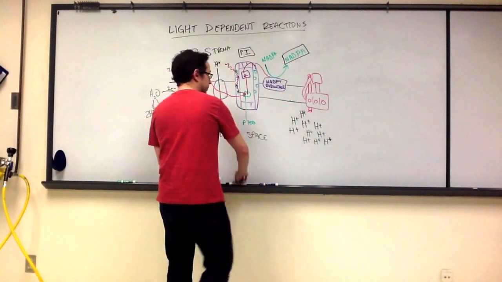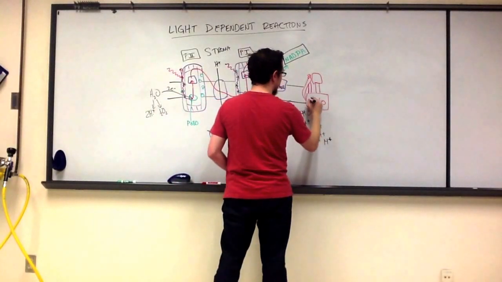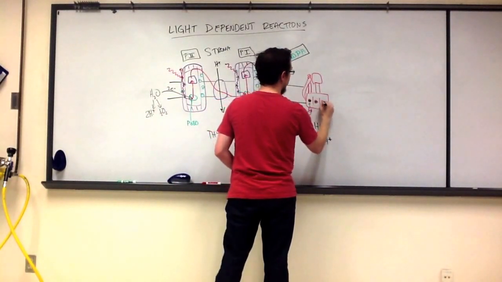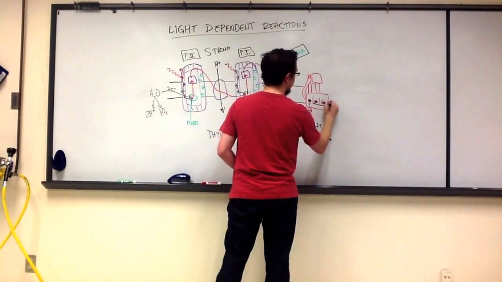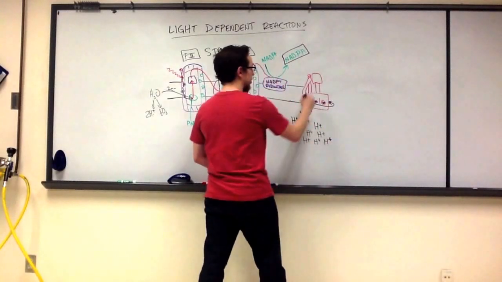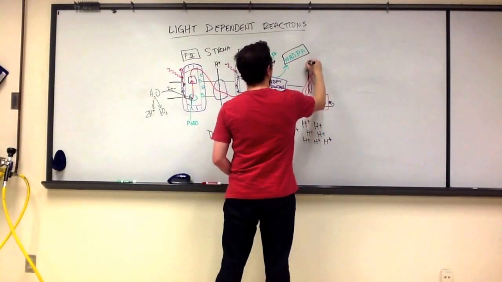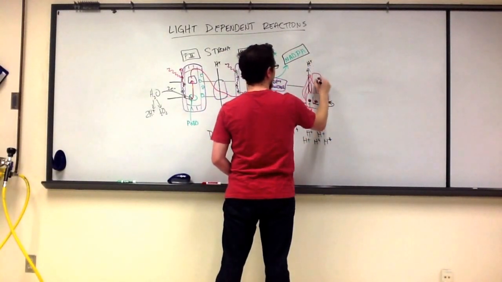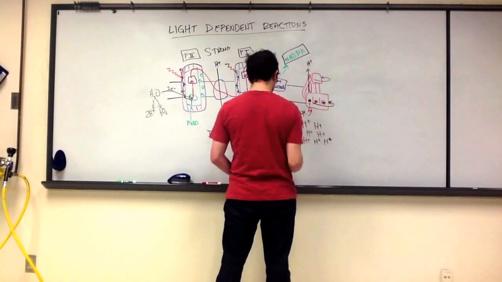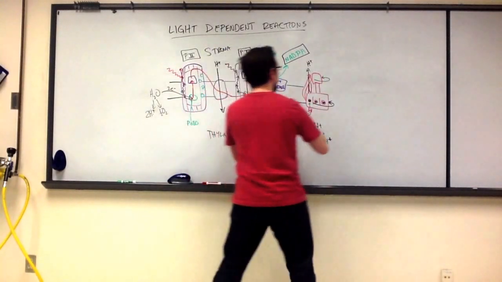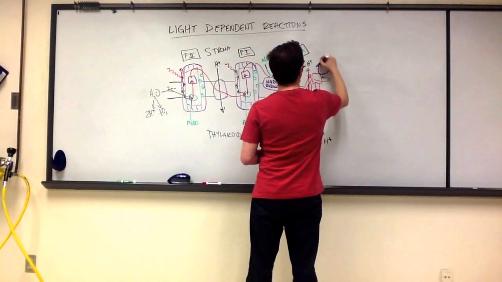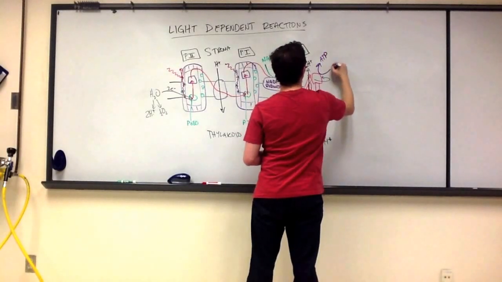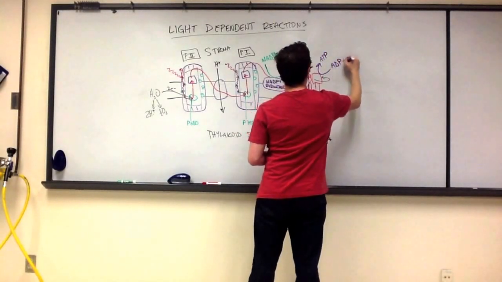These protons move in, occupy space, causing the molecule to spin. Eventually, protons are released from it as well. And down here, that causes the molecule again to spin. And as it does, it generates molecules of ATP from ADP and an inorganic phosphate.